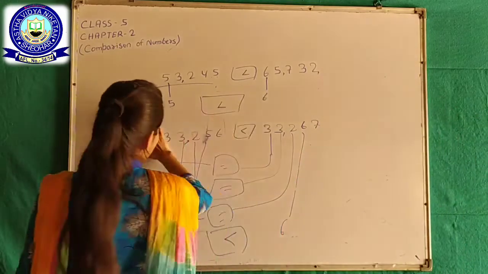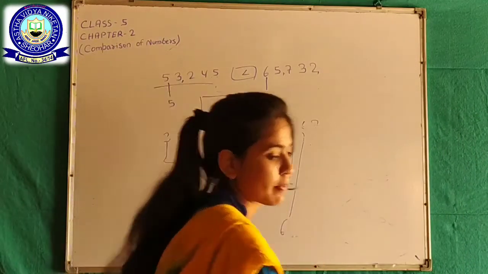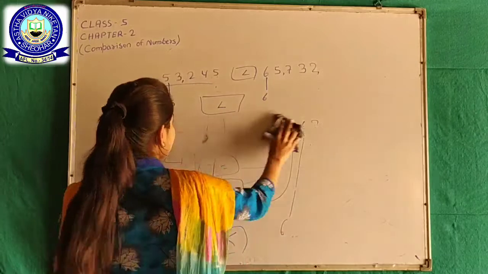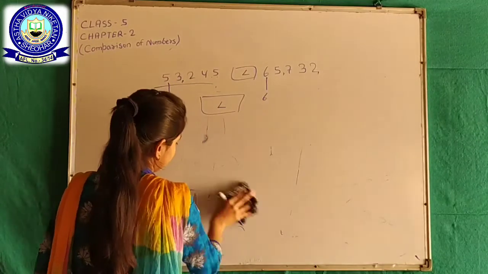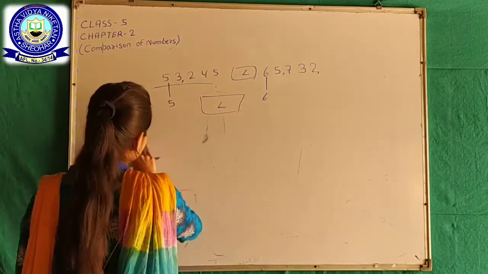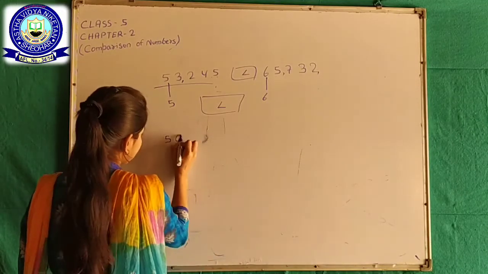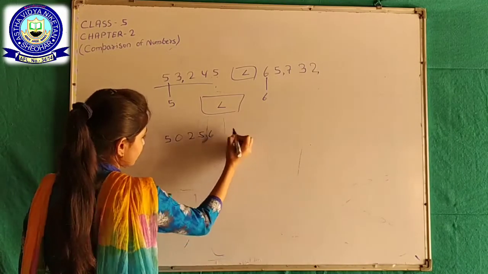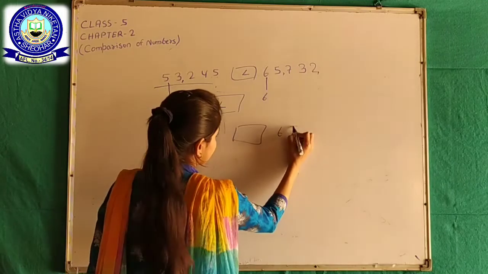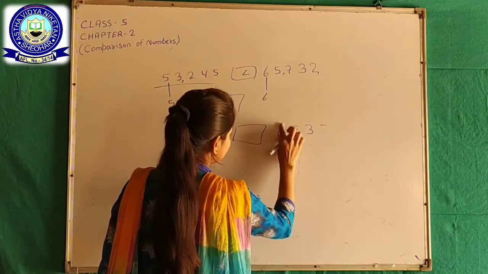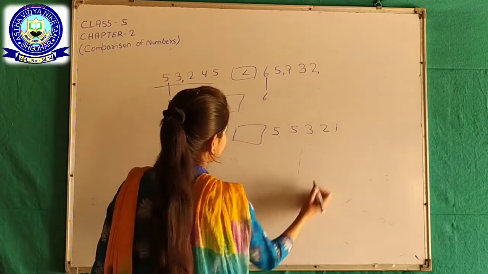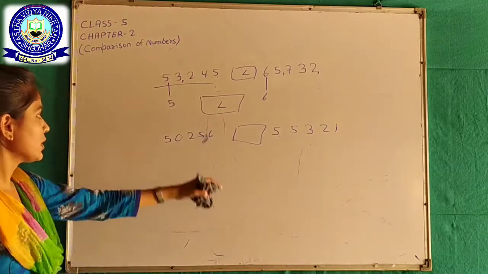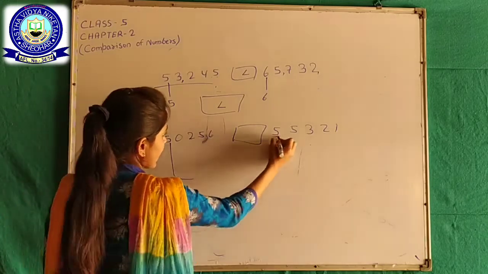Let's see another example. We have to compare these two numbers. Here is 5 and here is 5.